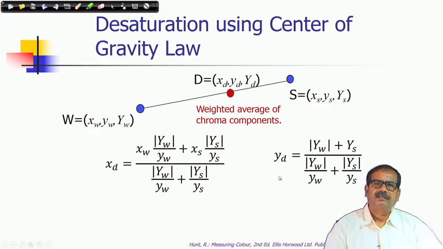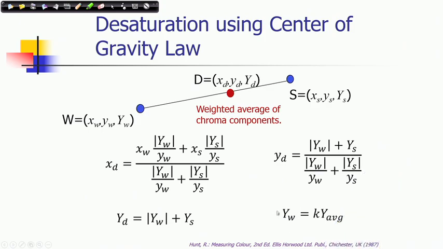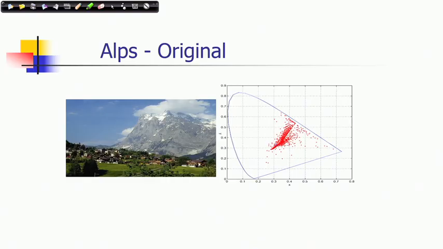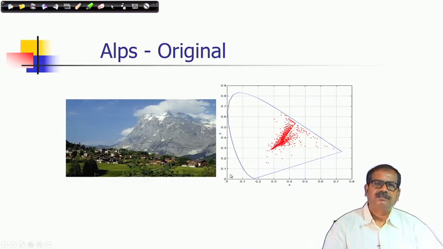So, you get this weighted combination for x_d, y_d, whereas Y_d, the intensity part, is defined as the sum of these two values, and the intensity of whiteness can also be estimated as a fraction k of the average Y of the image. Empirically you can choose it. For example, you can choose k equal to 1 also. So, one example of the saturation process has been shown here.